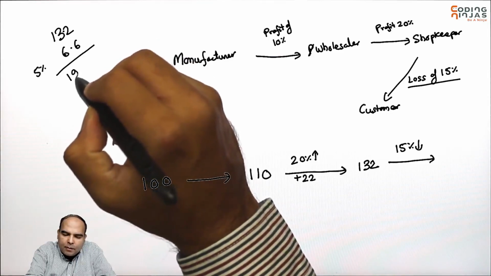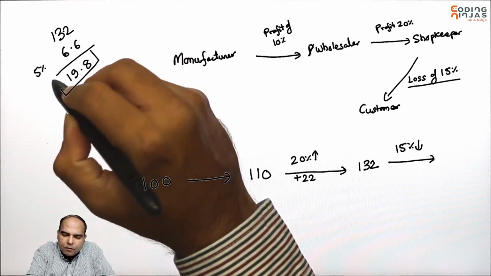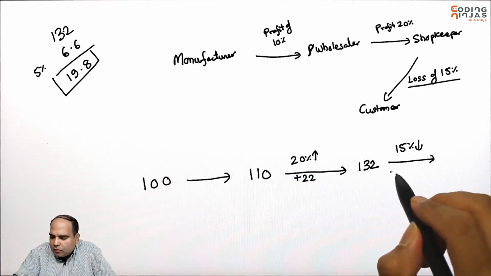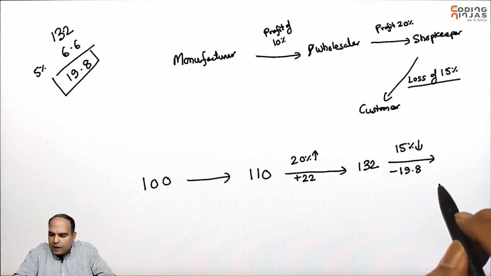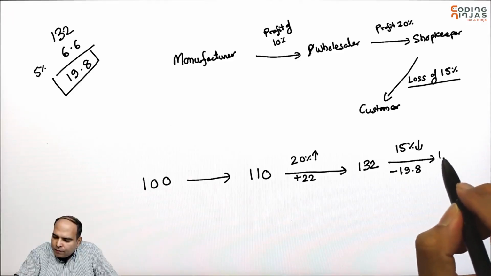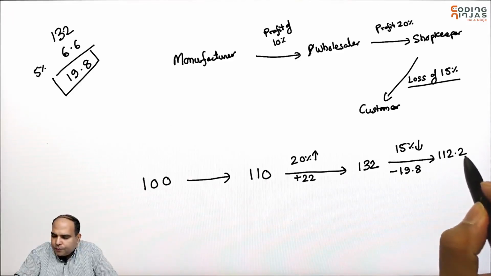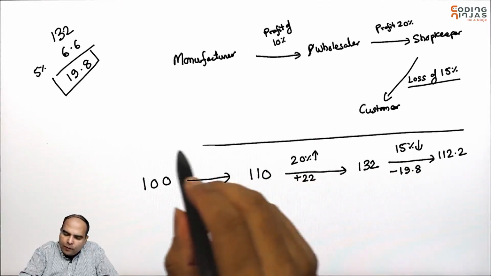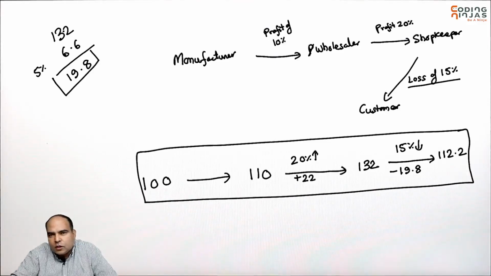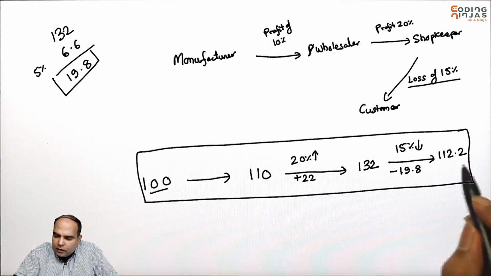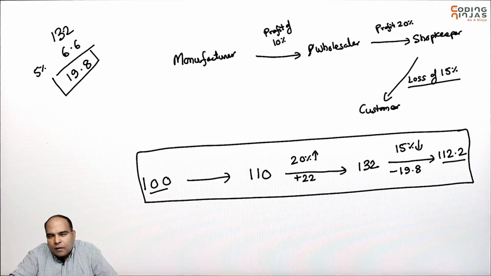So you're subtracting 19.8 from 132, and what you will end up getting is 112.2. If I ask what percentage above the manufacturer's cost the item was sold at, the answer is 12.2%, because the manufacturer's cost is 100 and the final price is 112.2.